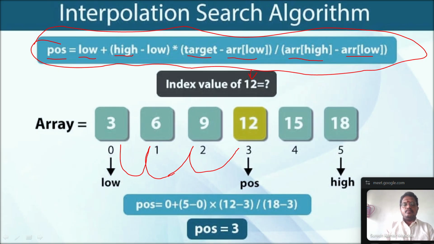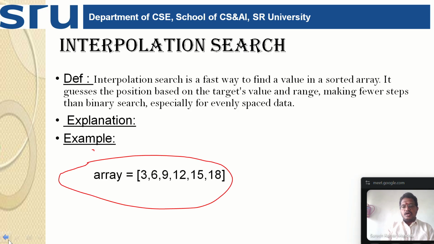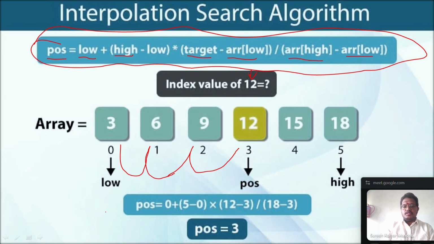So with interpolation search, how will it be identified using this formula? See the same formula. Here 0 indicates the low index number. See the formula: plus 5 minus 0. What does the 5 indicate? Low index value is 0, and that is a plus. High will be identified from the diagram.